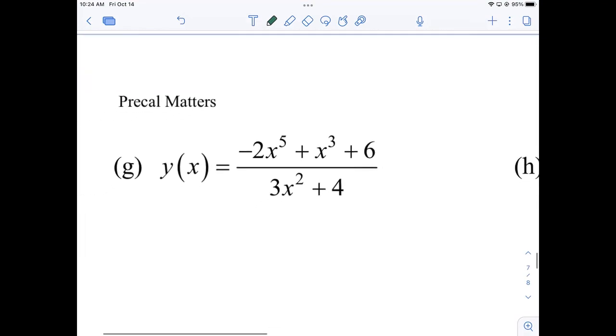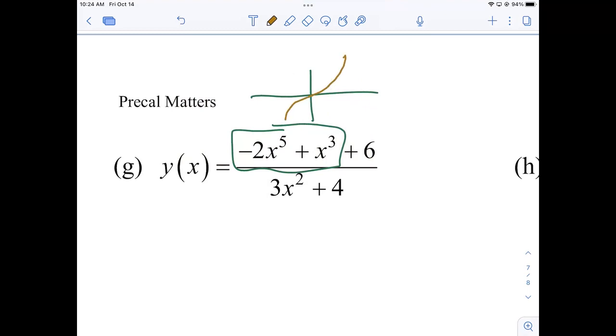I'm going to skip example G, which is a neither function. Just look at the top. The top is neither, right? You got 5, 3, which is change, change, and then no change. Constants ruin origin symmetry. If you think about that, this right here would have origin symmetry. Let's just say it would look like this. What happens if I do plus 6?